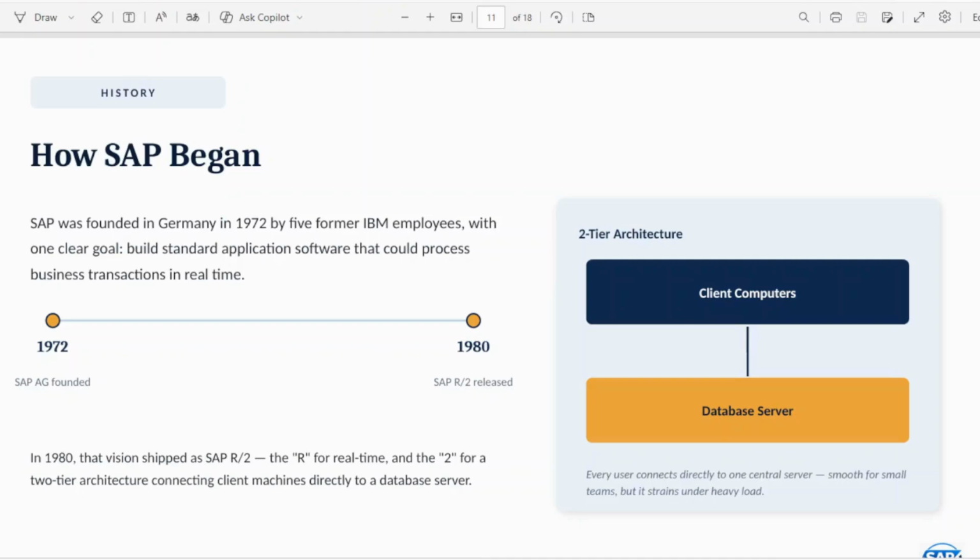Graphically, there was one database layer and one user interface, with the user directly connected to the database. It was feasible when there were fewer users, but as users started increasing, the system became slower. That was the main issue at that time in R2.